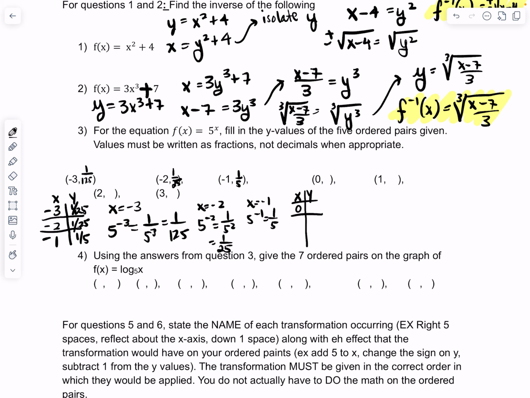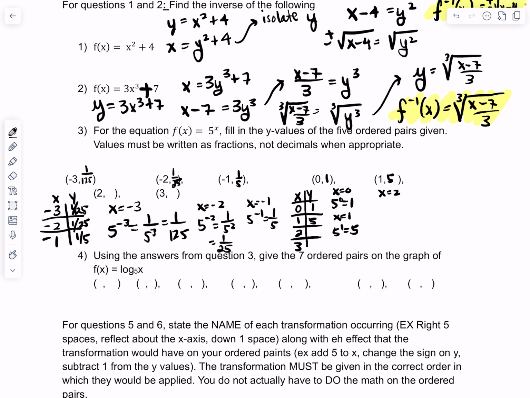So I need x equals 0, x equals 1, x equals 2, and x equals 3. Okay, so I'm going to do x equals 0 first. 5 to the 0 equals 1. So I have 0, 1. X equals 1. 5 to the first equals 5. So I have 1, 5.